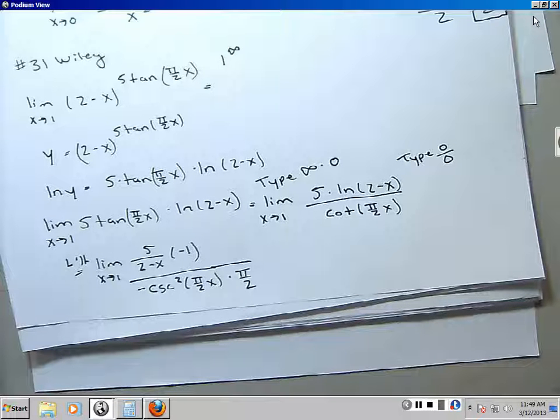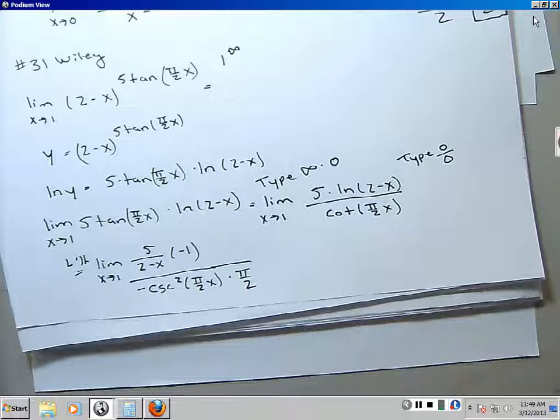And 1 over sine of x is cosecant. Sine at pi over 2 is 1, so cosecant is 1 over 1.